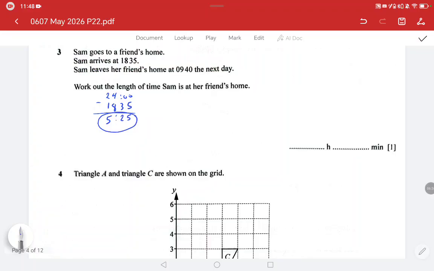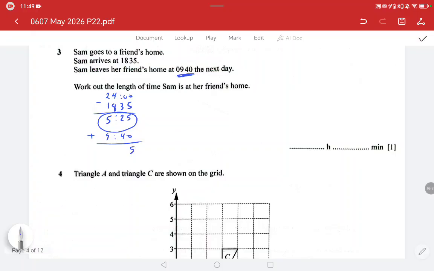And then from midnight to the morning, you have 9 hours and 40 minutes. If you add this, 25 plus 40 would be 65 minutes, so you increase 1 more hour.